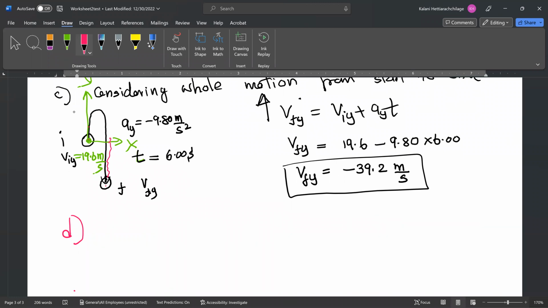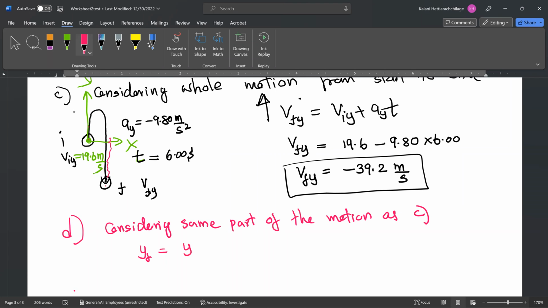Okay, so again, I'm going to consider the same part of the motion as C. So now I'm going to use y final equals y initial plus V initial Y time plus half acceleration Y and time squared.